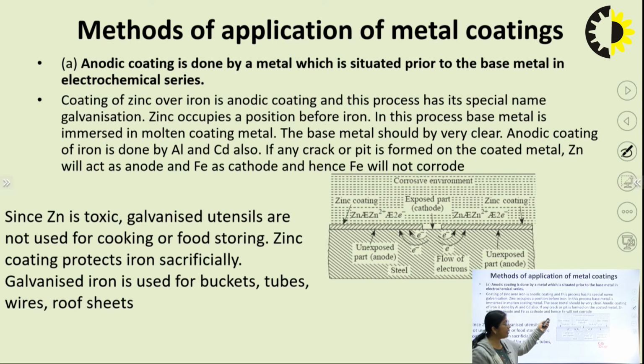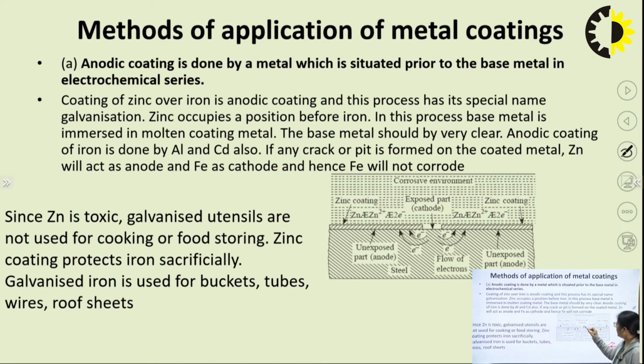And if there are any cracks or breaks in between, even then these metals will act as anode and they are going to protect our metal iron, which is acting as cathode. So, here you can see that this is the base metal steel and we have a coating of zinc over steel.